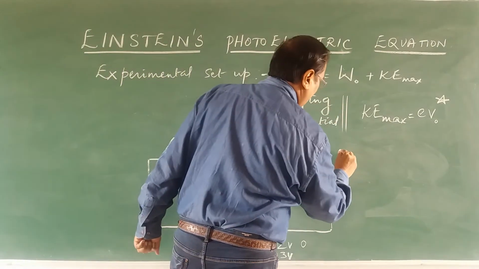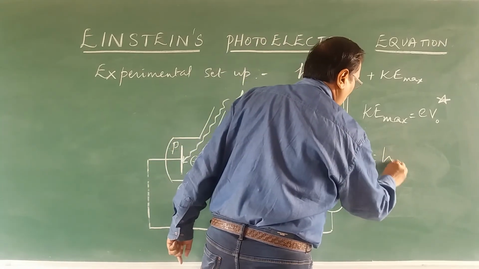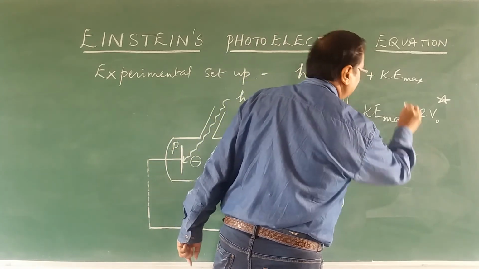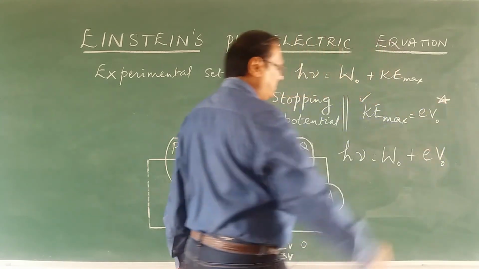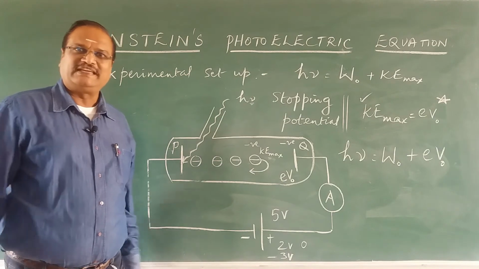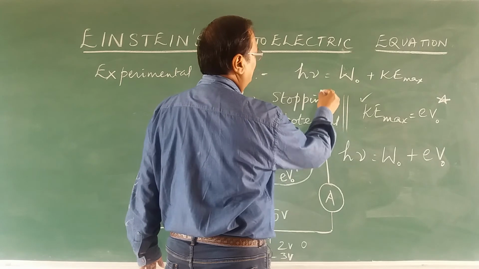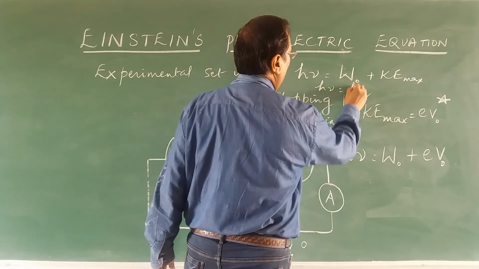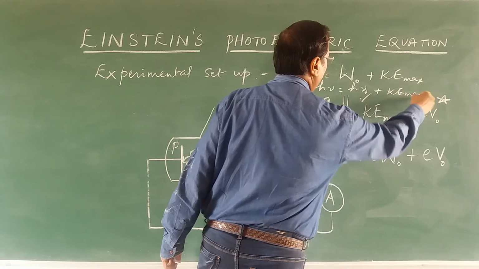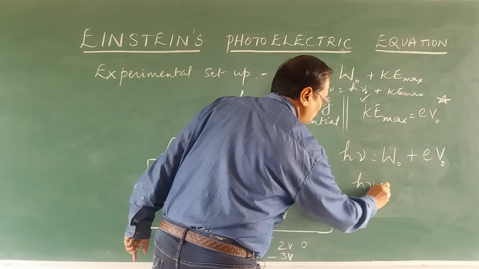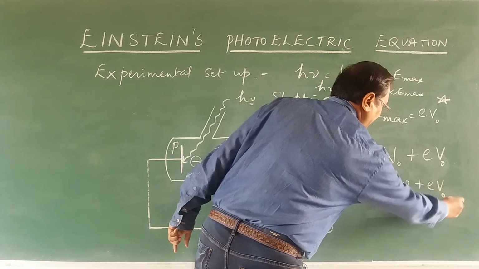So I can write Einstein's photoelectric equation as h nu is equal to W naught plus, instead of kinetic energy, I can put potential energy as EV naught. So we can make small changes. In the same equation, I can write h nu is equal to h nu naught plus kinetic energy maximum, and I can write h nu is equal to h nu naught plus EV naught.